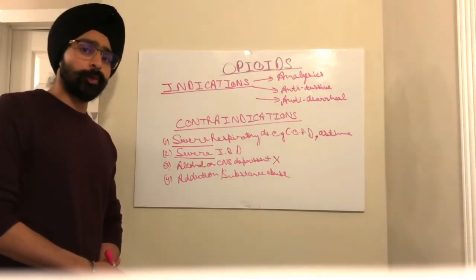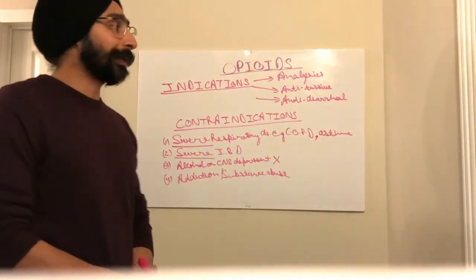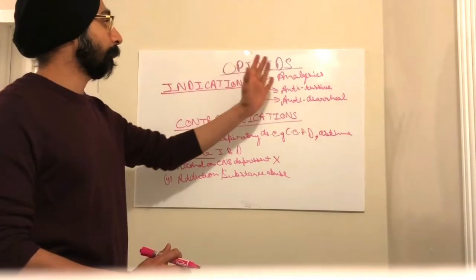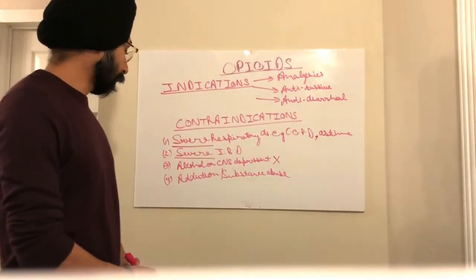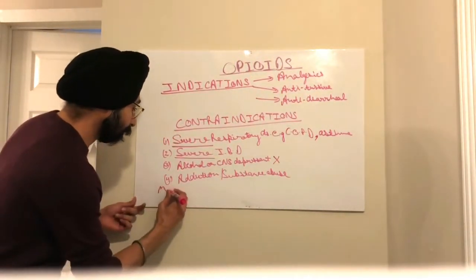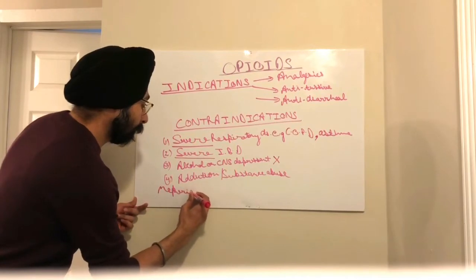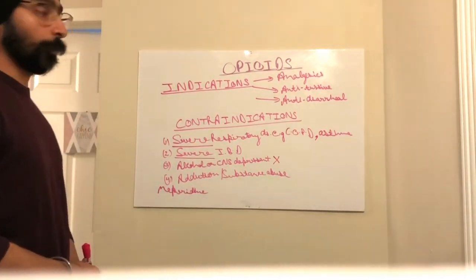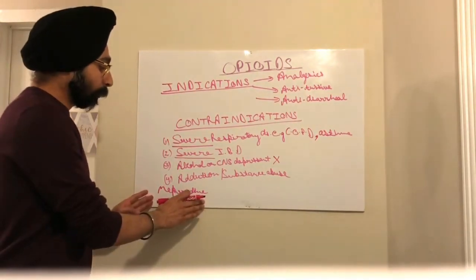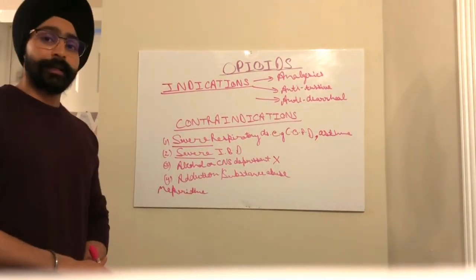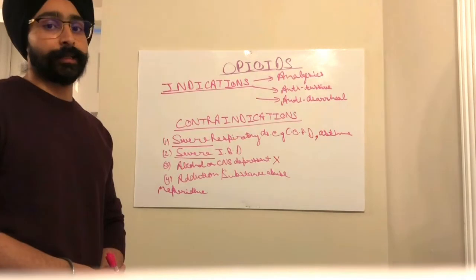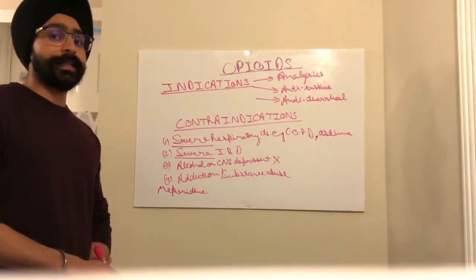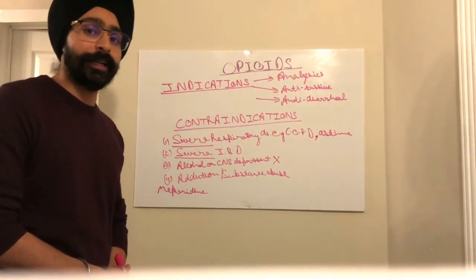Then there are two contraindications that are not particularly for the opioids group, but are for meperidine, which is a synthetic opioid. So we do not prescribe meperidine if a patient has taken monoamine oxidase inhibitors in the past 14 days.